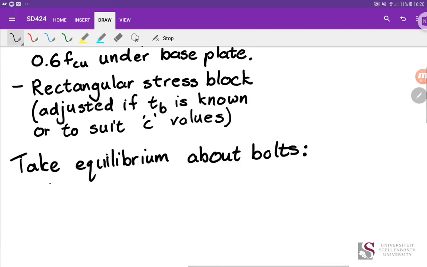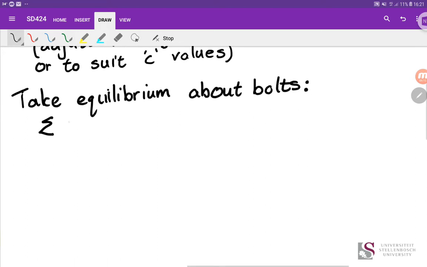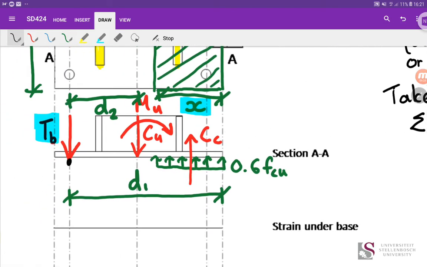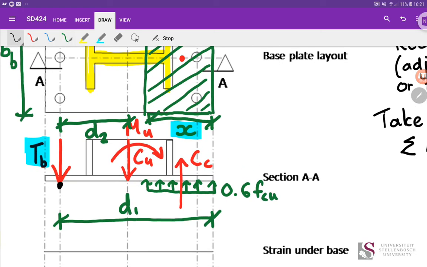So if we take the sum of moments about our bolts, the bolt's force disappears from the equation. So I'm going to take the sum of moments about that point I've just illustrated. You will see that we're going to have terms with Mu, Cu, and then this resultant force Cc appearing in it.